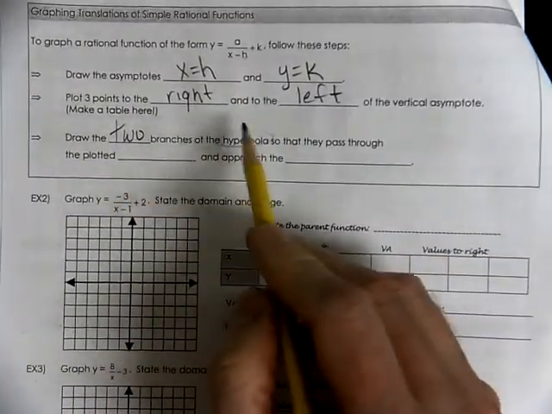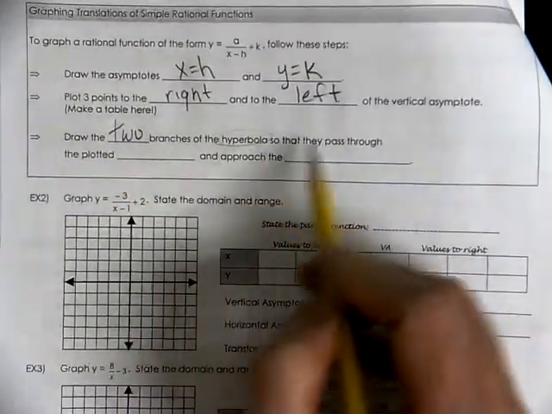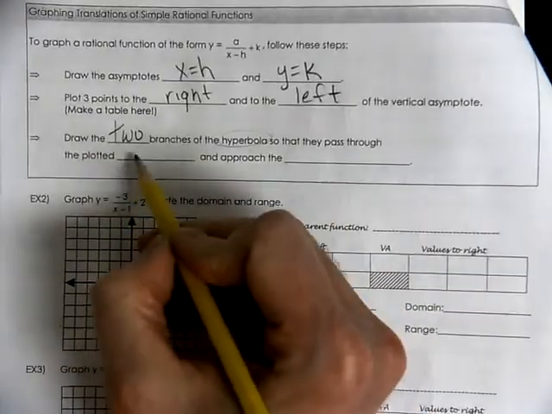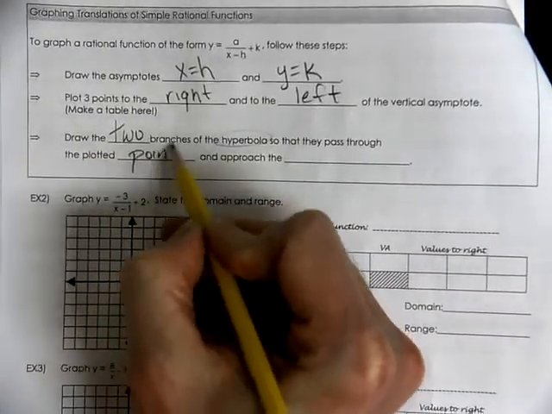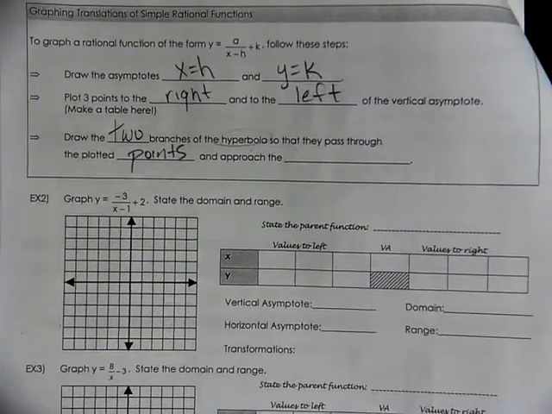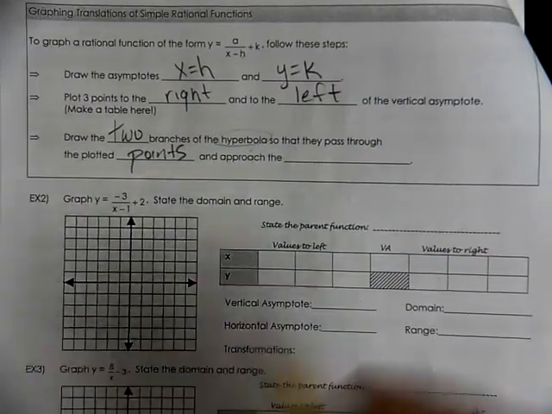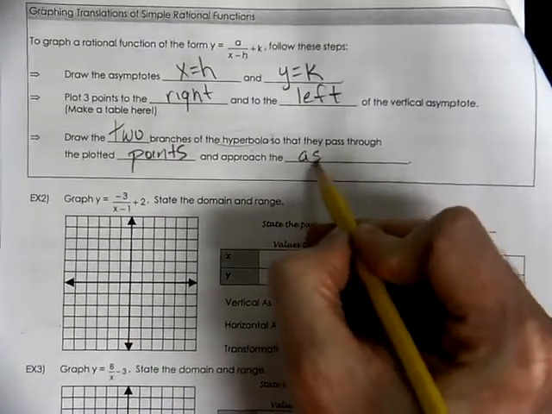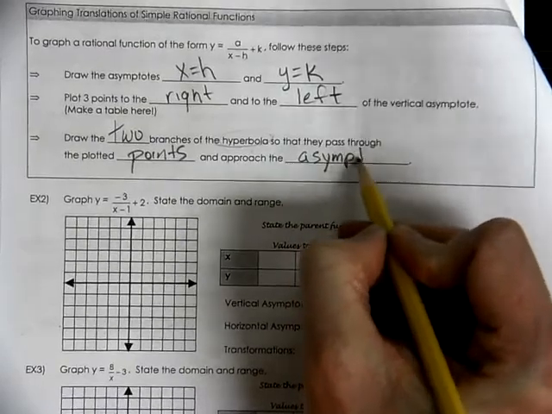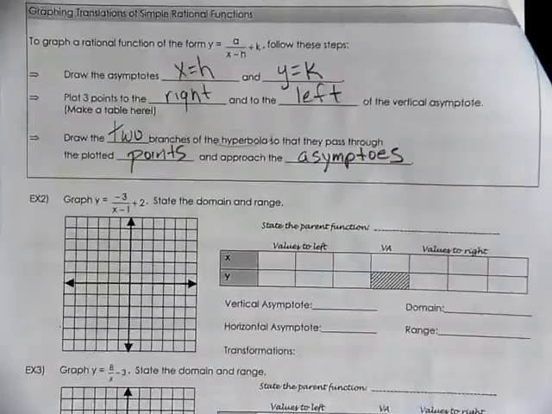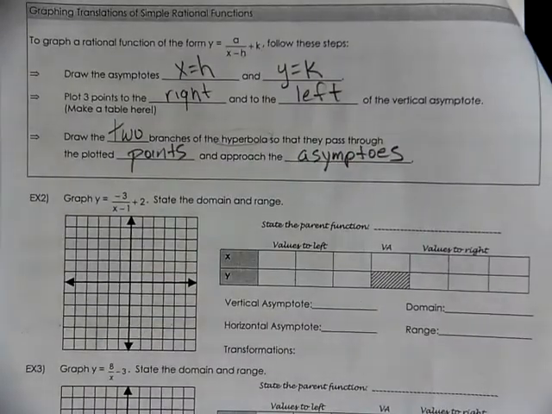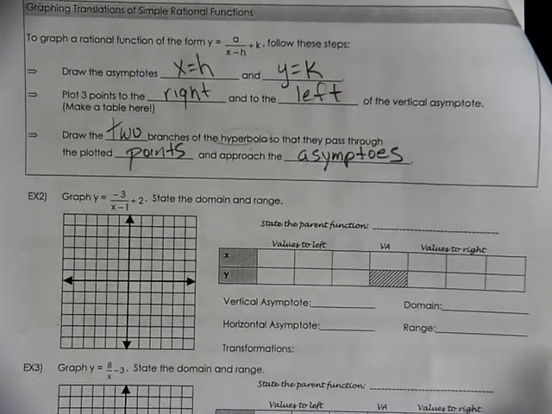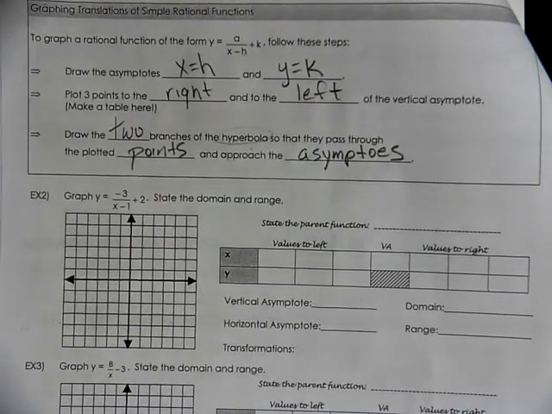So the 2 branches of the hyperbola, so that it passes through the plotted points and approaches the asymptotes. So that's our plan for graphing these out.